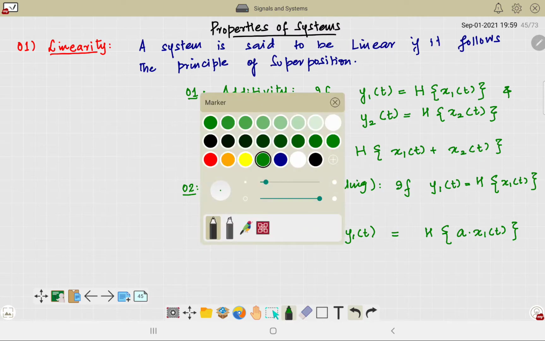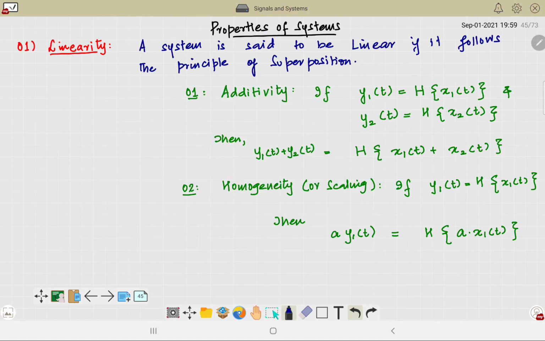So if I am to write a complete definition of a linear system, it may be something like this: the linear system should include additivity as well as homogeneity.